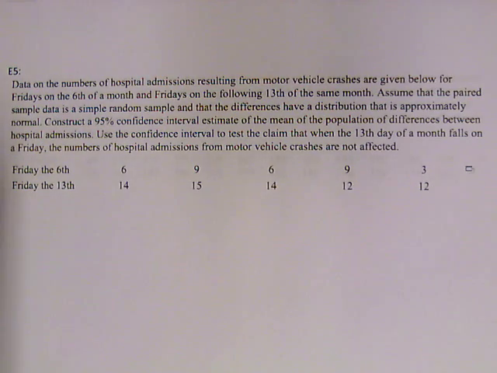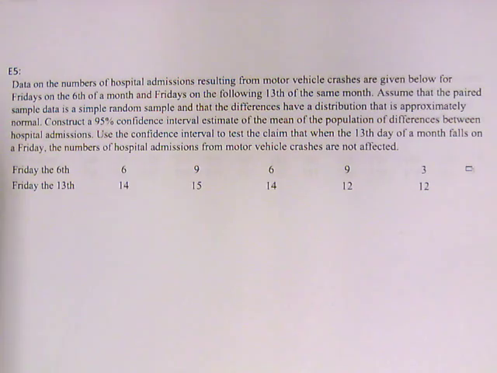Data on the numbers of hospital admissions resulting from motor vehicle crashes are given below for Fridays on the 6th of a month and the Fridays on the following 13th of the same month. Assume that the paired sample data is a simple random sample and that the differences have a distribution that is approximately normal.